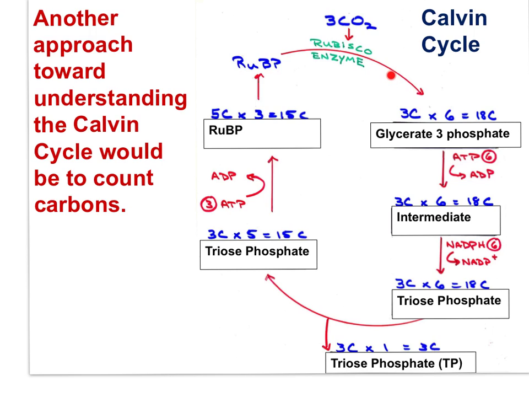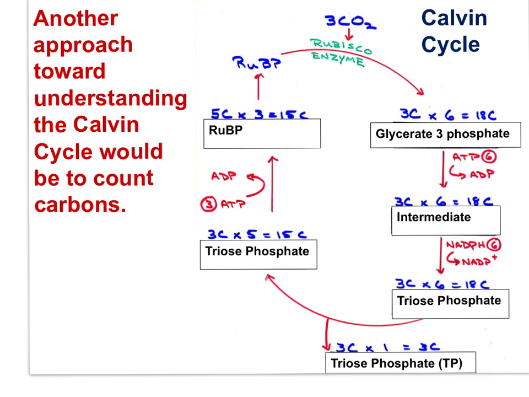After the RUBP joins carbon dioxide, there's some molecular rearrangement, forming 6 3-carbon glycerate 3-phosphate molecules. But still, we have 18 carbons total. ATP and NADPH reduce glycerate 3-phosphate to triose phosphate, but there are still 18 carbons in the cycle.